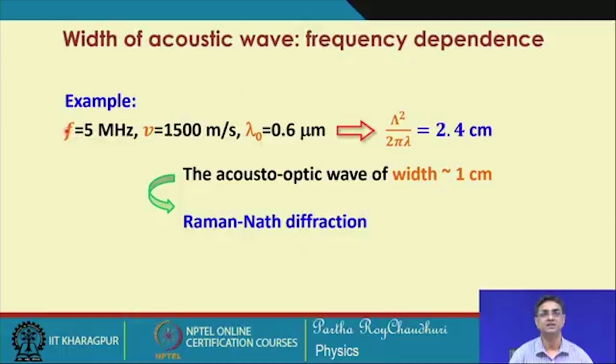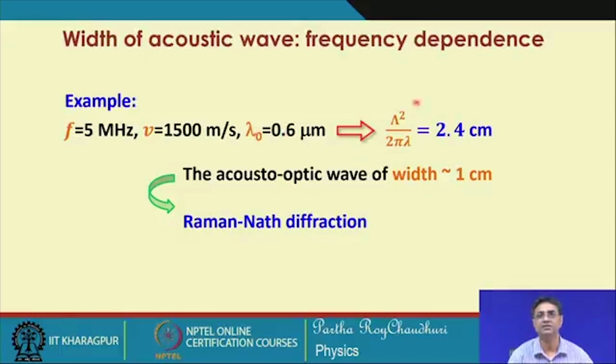So, for this case, I have an acoustic wave frequency which is 5 megahertz. The velocity of the sound wave in the acoustic cell, in the liquid which is contained in the acoustic cell, is this, and the light wave which is going to travel through this medium is this.